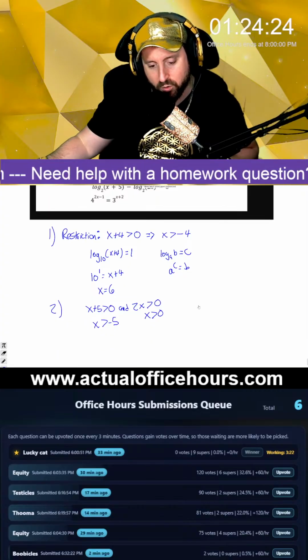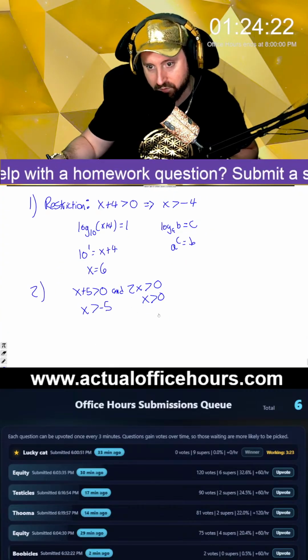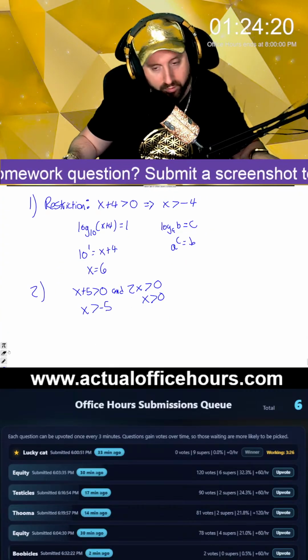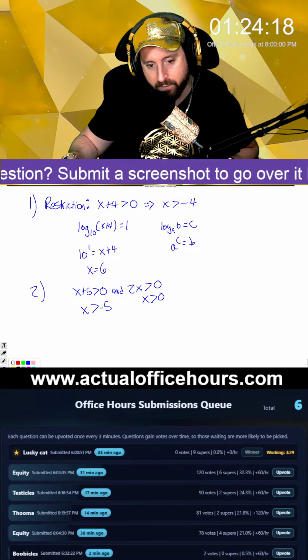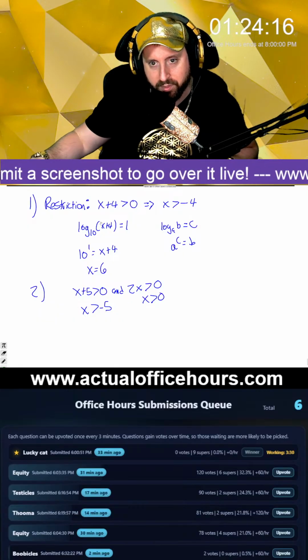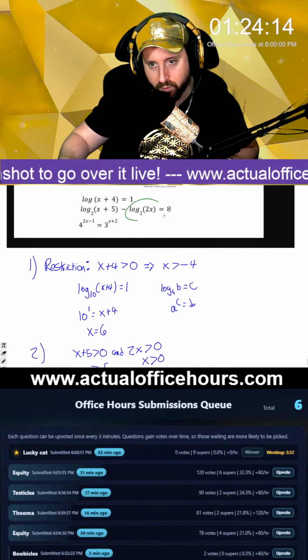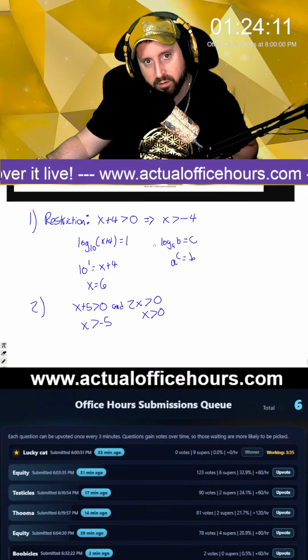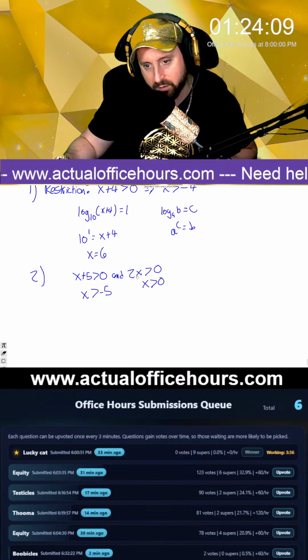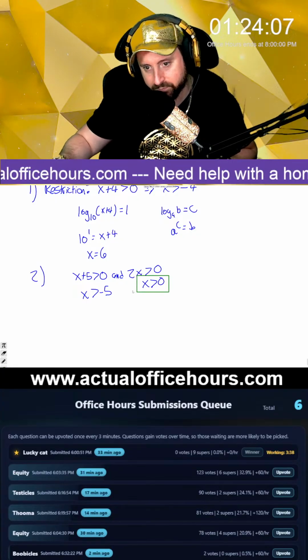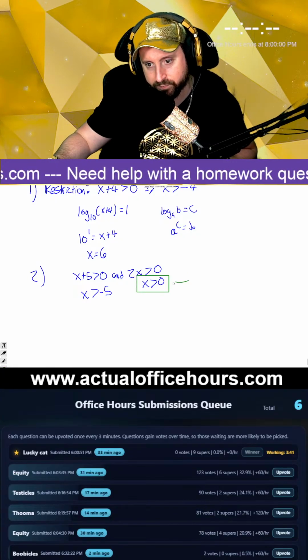Which one covers both of these conditions? It's if x is greater than 0. You can't have negative values of x, even though they do work in the first log. They wouldn't work in the second one. Yeah, they overlap. So this is the restriction.